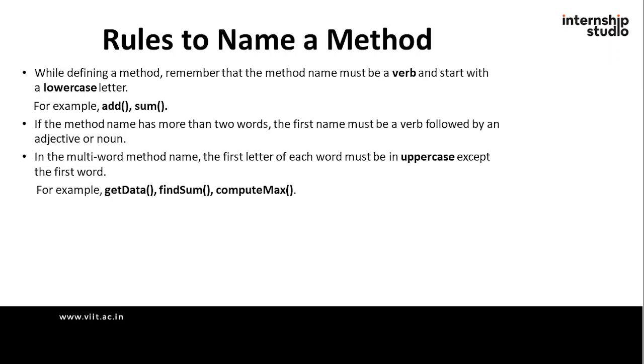In fact, we cannot say these are rules, these are recommendations, so that your code gets standardized. In a multi-word method name, the first letter of each word must be uppercase except the first word. For example, getData, findSum, computeMax.